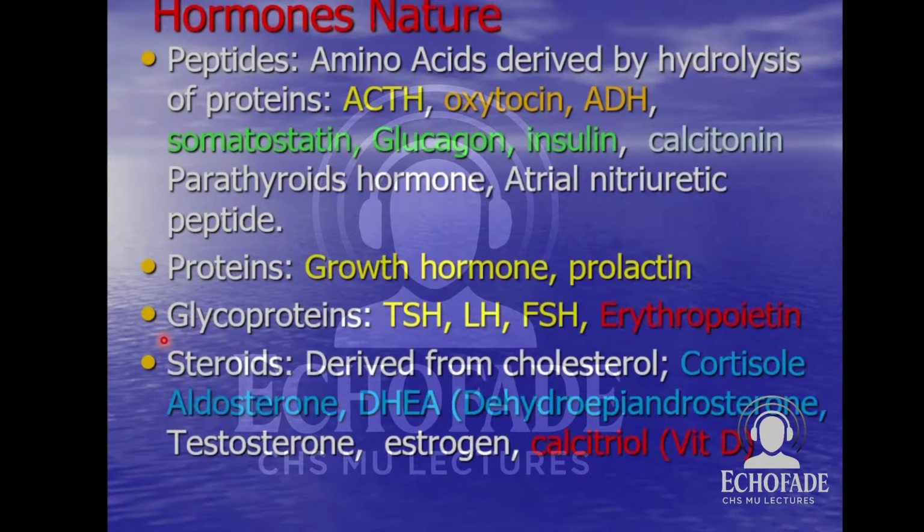Then we have the steroid hormones. Steroids are derived from cholesterol, and most of these are produced by the cortical part of the suprarenal gland, comprising the glucocorticoids, cortisol, aldosterone, a mineralocorticoid, and the gonadal hormone dehydroepiandrosterone.